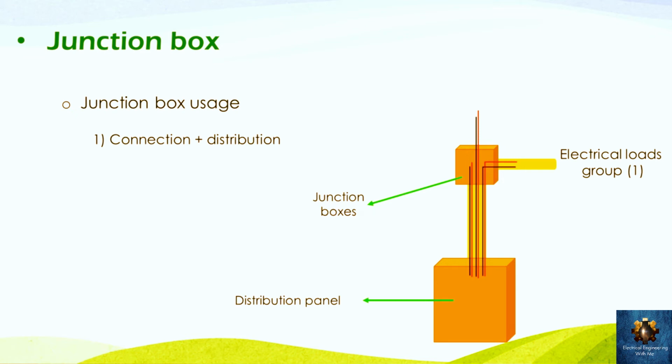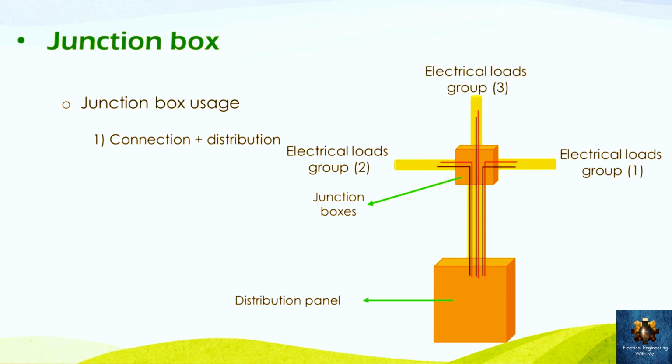Another group of wires will be connected to some other wires, and it will go to some other kinds of loads through one conduit to feed them, and a third group of wires will be connected to a third group of loads. So this is the usage of the connection and distribution box.